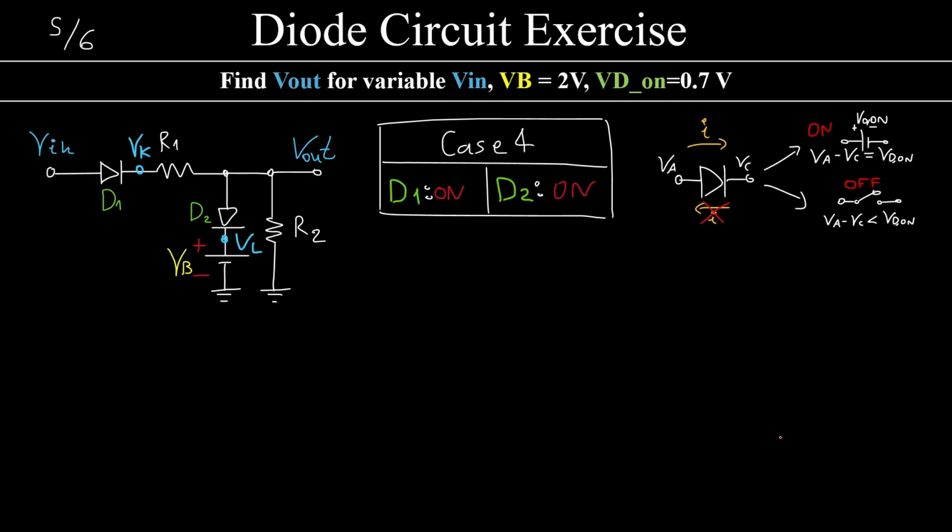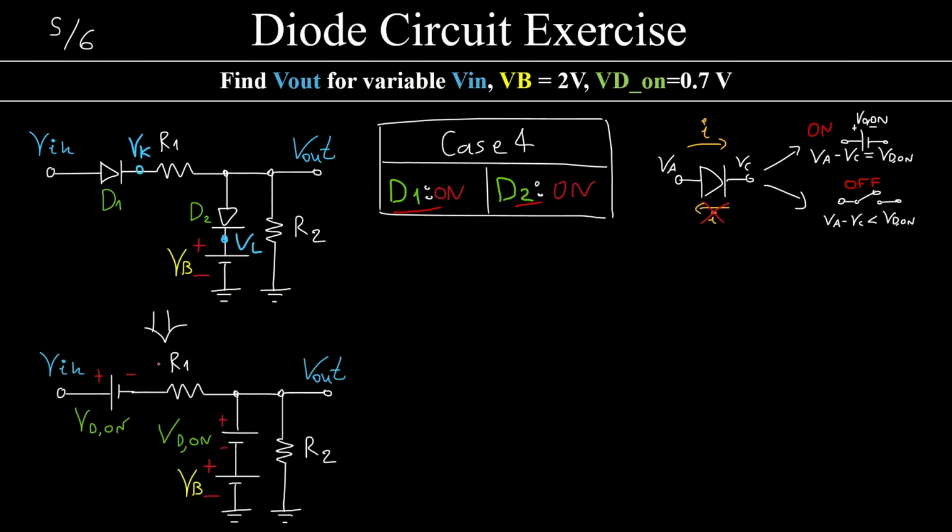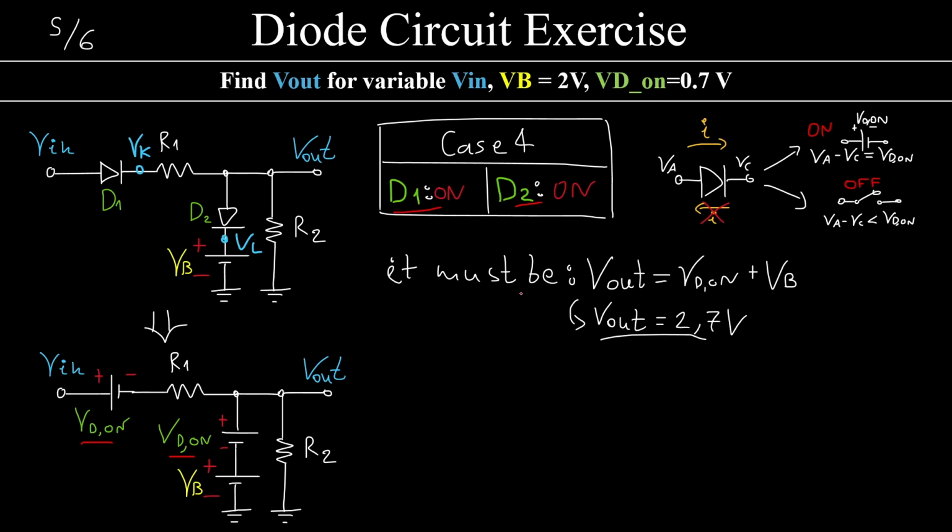Moving on to the fourth case, where both of the diodes are on. That would mean that both of the diodes must be a battery with these polarities, and Vout, the voltage here, must be equal to VD on plus VB.